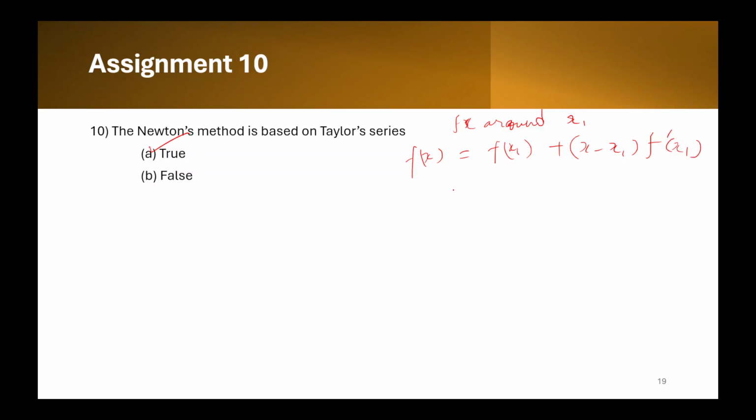So using the Taylor series, you can write that. And suppose if you keep f(x) equal to 0, so you get f(x1) is equal to minus of (x minus x1) f dash x1. So f(x1) by f dash x1, you basically rearrange it.